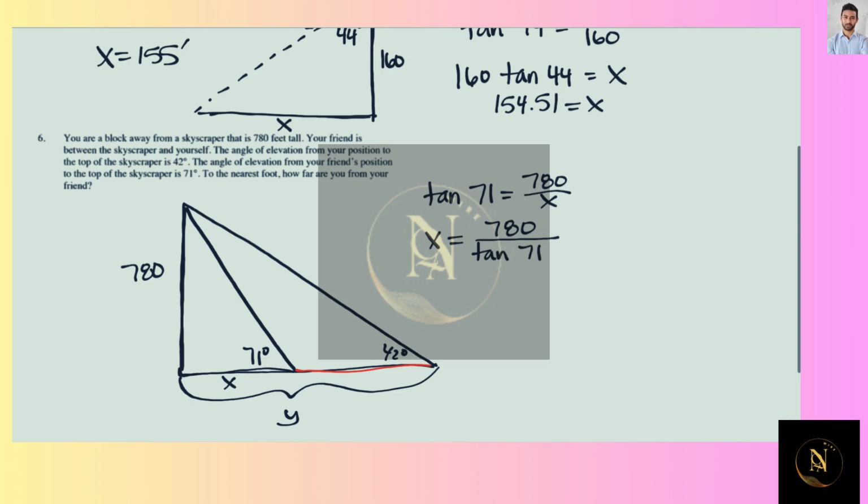When I plug that in, I get that x is about 268.57. Now I'm going to look at the big triangle to figure out what y is. So the tangent of 42 degrees equals the opposite divided by the adjacent. Same thing, I'm going to multiply each side by y and then divide by the tangent of 42.